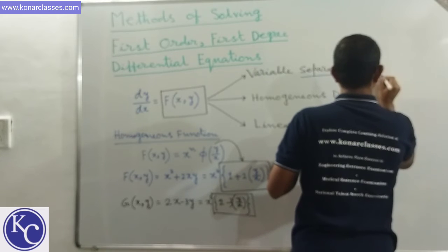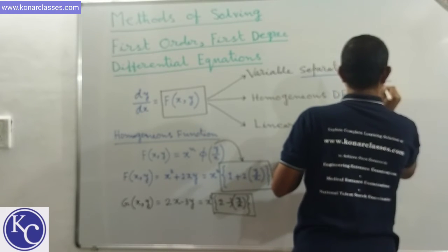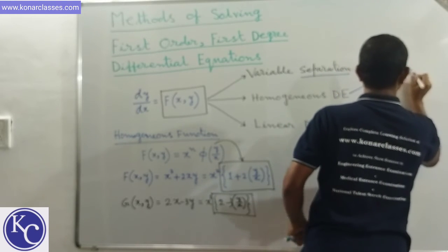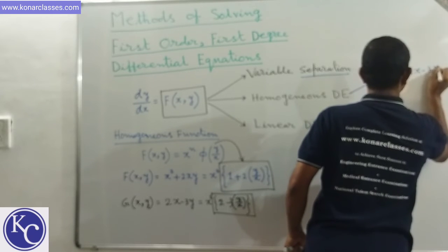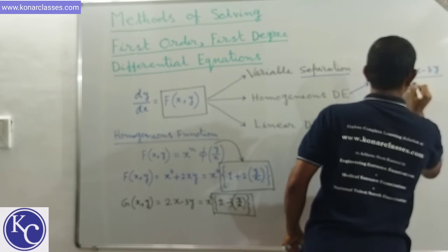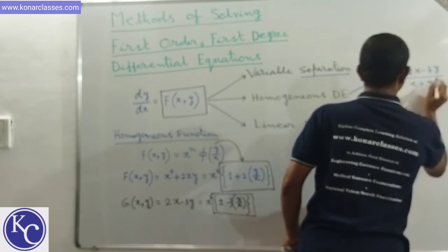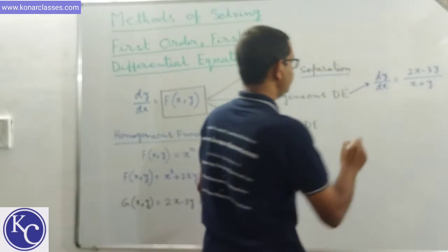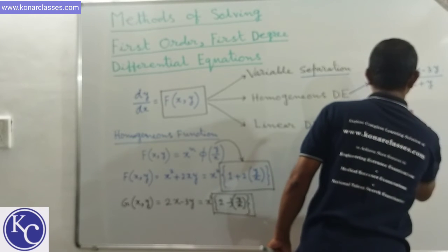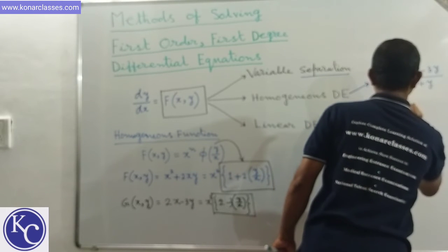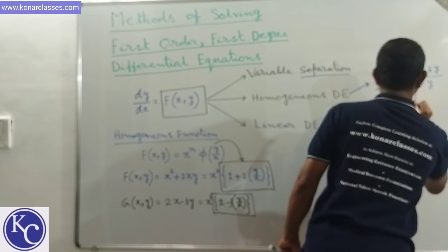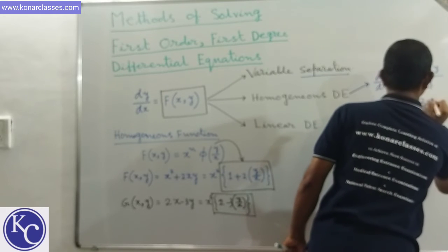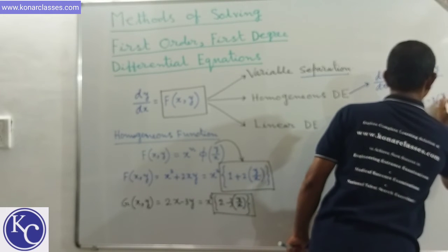Suppose we have dy/dx equal to (2x minus 3y) divided by (x plus y). Now this function, (2x minus 3y) by (x plus y), we can write like this. In the numerator we can take x power 1 common, and we get 2 minus 3 into y by x.